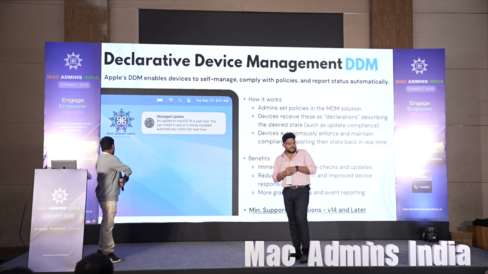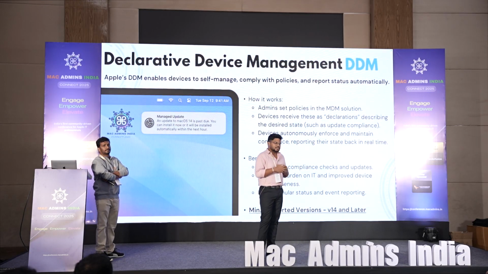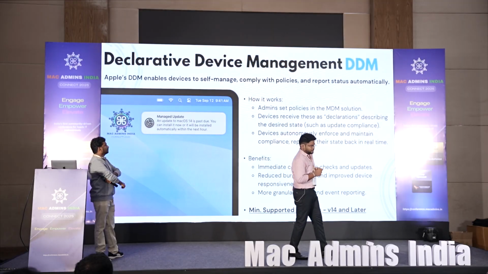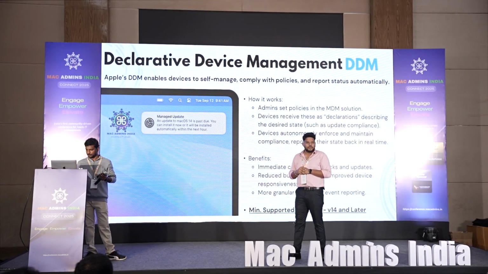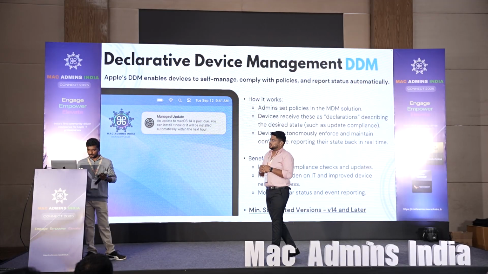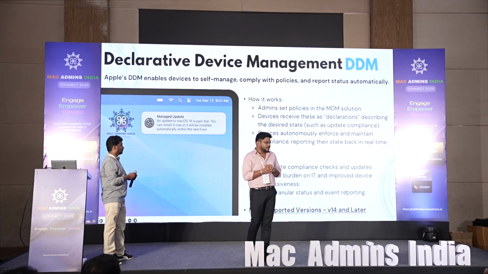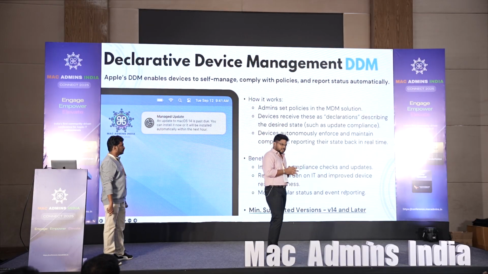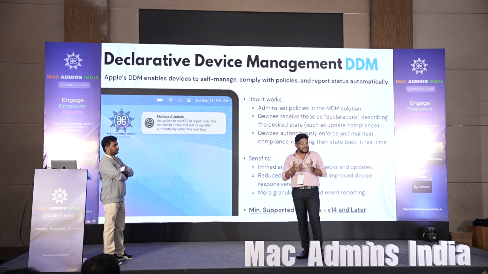And thanks to Apple, at the WWDC event in 2023, they introduced a new feature, that is DDM. In the first session, Eric explained how DDM works. I'll be focusing more on the software update settings, but let's first understand what DDM is. As he rightly mentioned, DDM is basically declarations.